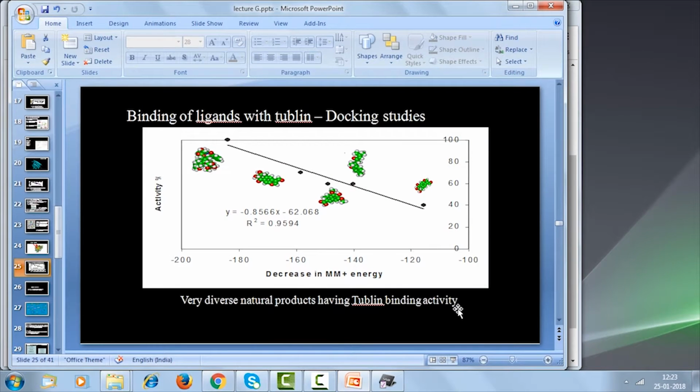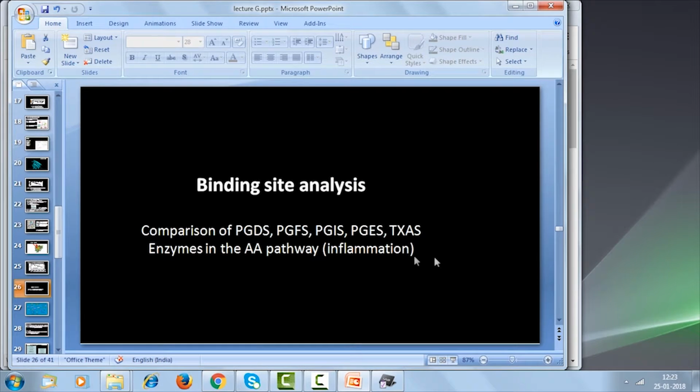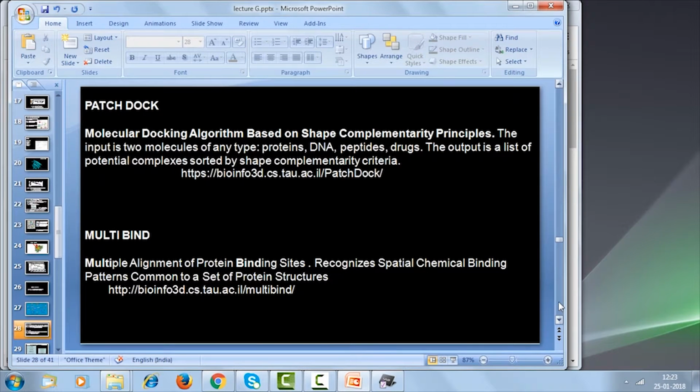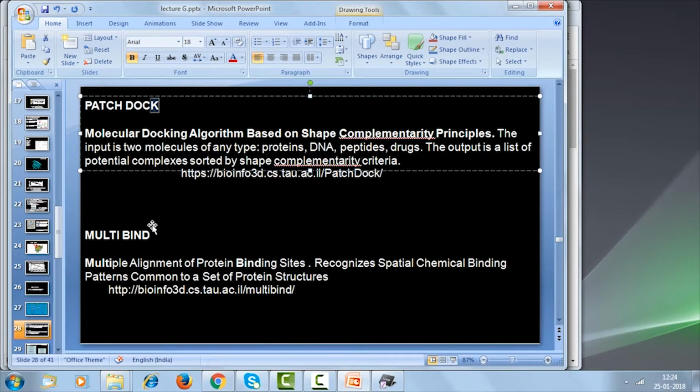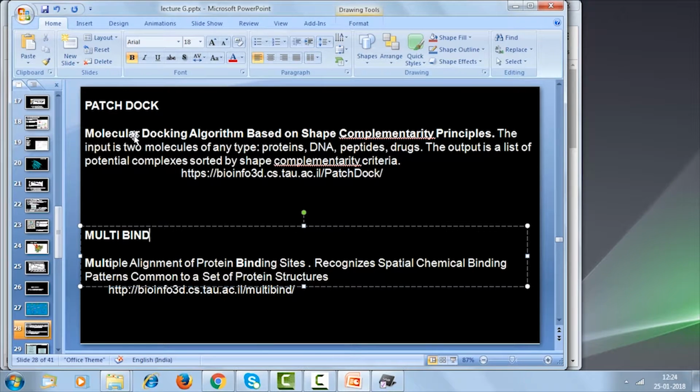There are other software tools which look at binding site analysis. Suppose you have many proteins and you are interested to know the relationship between those protein active sites. There is a software called PatchDock, and another called MultiBind.